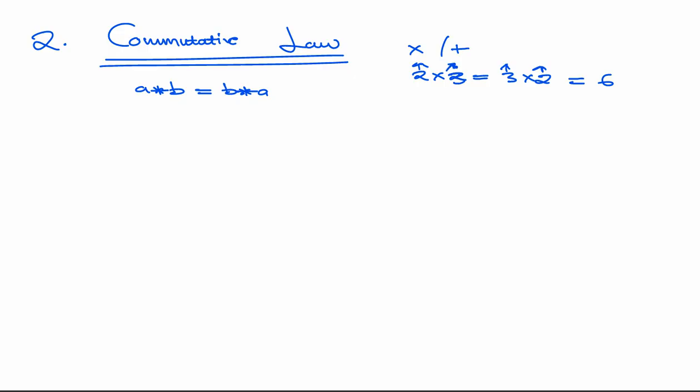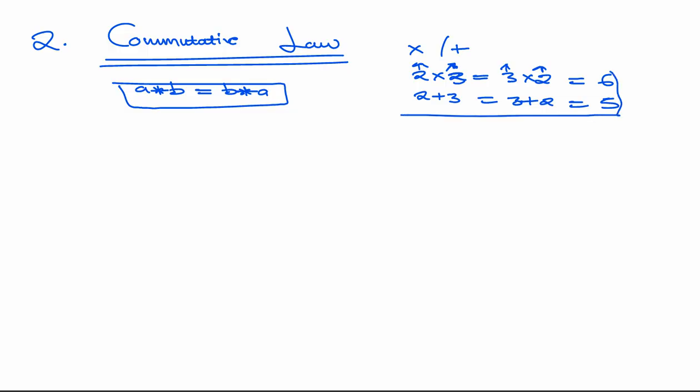And the same is true for addition. When we say 2 plus 3, we get 5, and also 3 plus 2, we also get 5. So that's all about the commutative law. So understand that A star B is the same as B star A. We are going to understand this better when we try to do any question, but the good example is this which I've just shown you here.